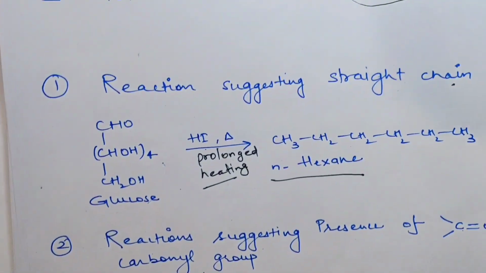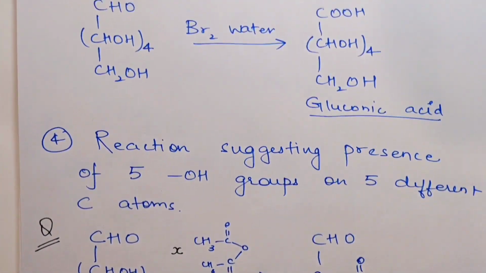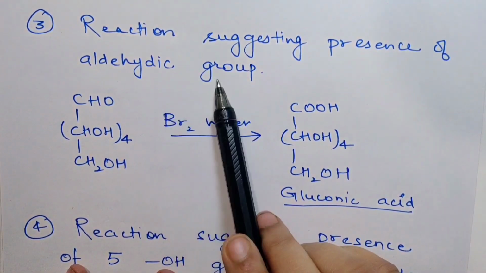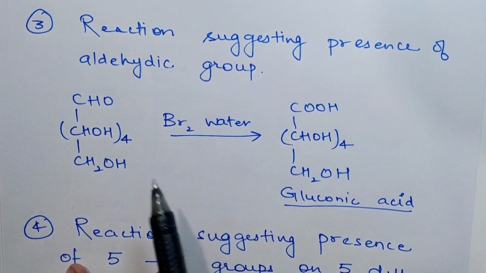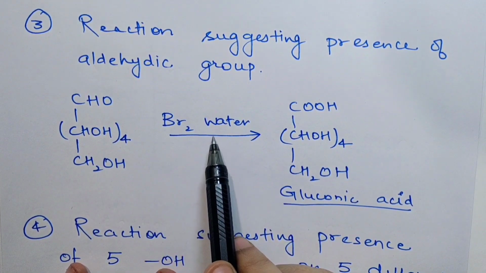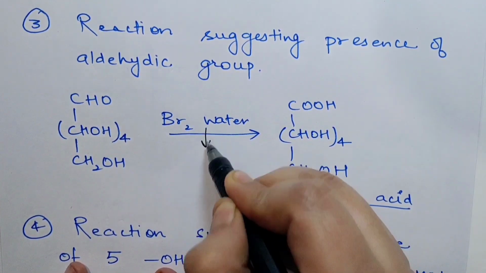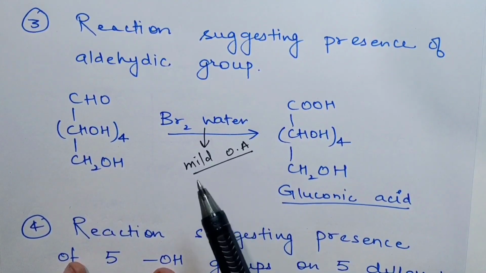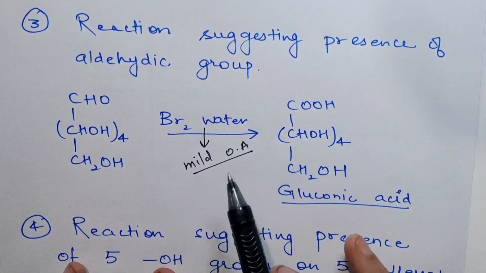Moving on, the reaction that suggests that there is an aldehyde group in glucose. Now, when glucose is treated with bromine water, being a mild oxidizing agent it can oxidize only aldehydes to acid, not alcohols.